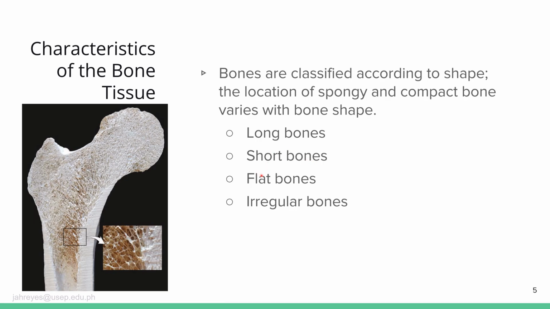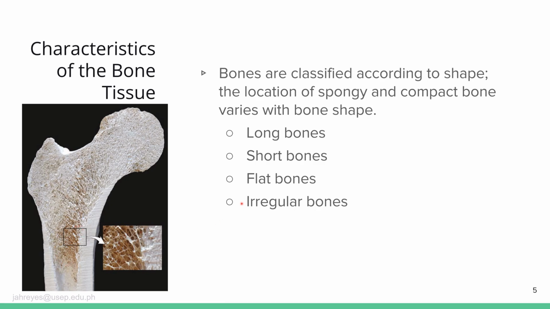The flat bones are thin and plate-like. Examples of flat bones are your sternum and the skull cover. The flat bones consist of two layers of compact bone, which appears like this, and an intervening layer of spongy bone that looks like this.